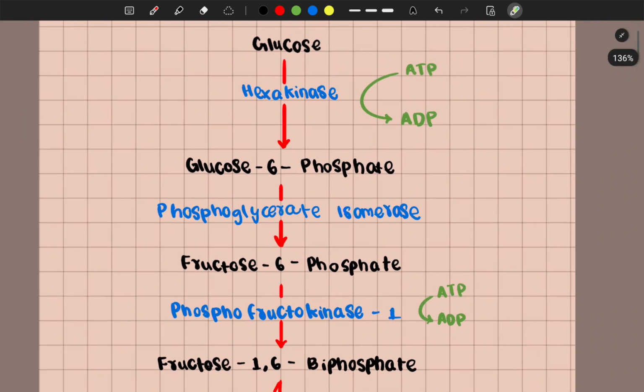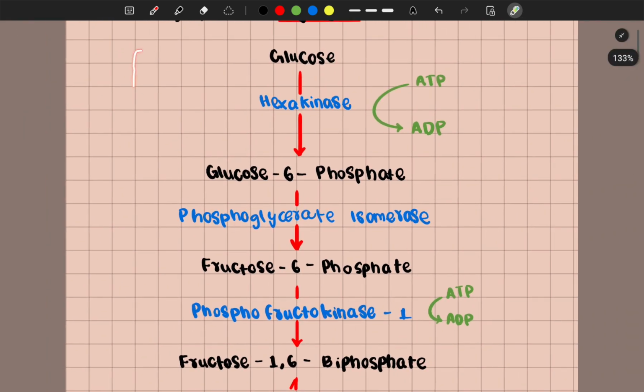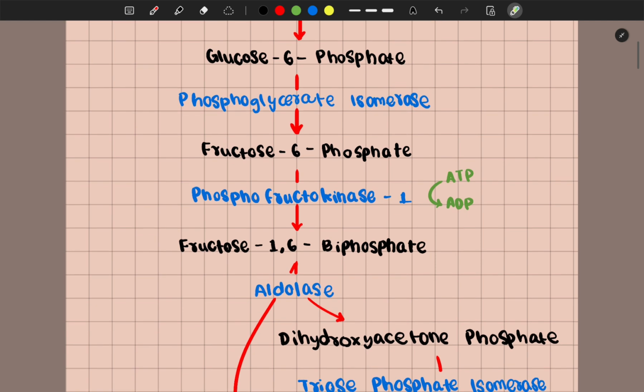Just a reminder, everything that we've seen till now, from glucose to fructose 6 phosphate, is a 6 carbon molecule. Glucose is C6H12O6, and all of these contain 6 carbon atoms.